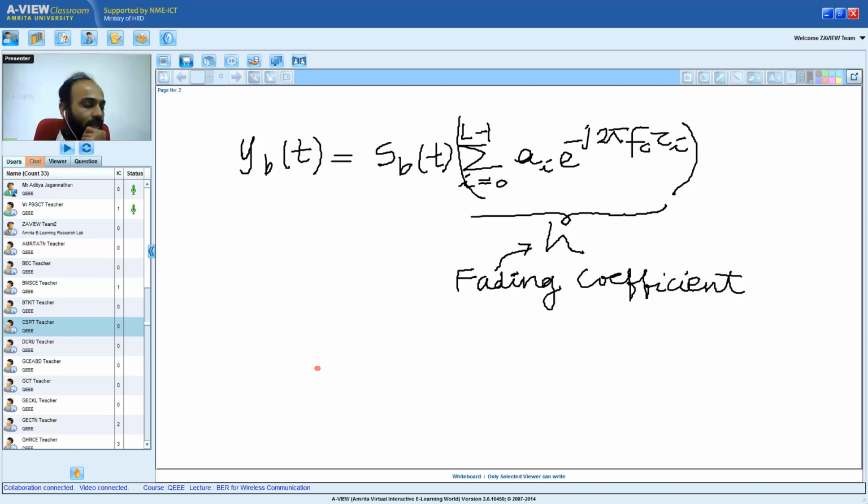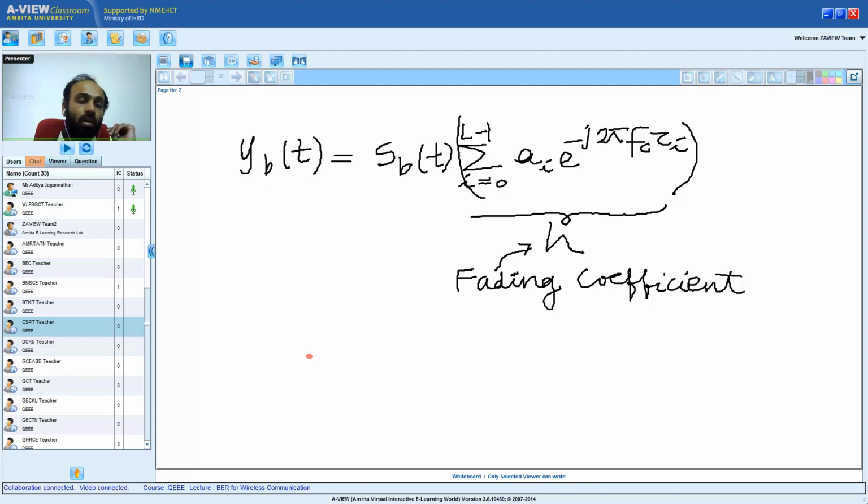Why is this the fading coefficient? Remember we talked about this. It is the fading coefficient because, depending on the attenuations a_i and the delays tau_i, these different phase factors and attenuations add up randomly. If they add up constructively, they can amplify the signal. If they add destructively, as in the example from last time, where a_0 equals a_1 equals 1, tau_0 equals 0, and if f_c tau_1 equals half, then the received signal amplitude is 0.